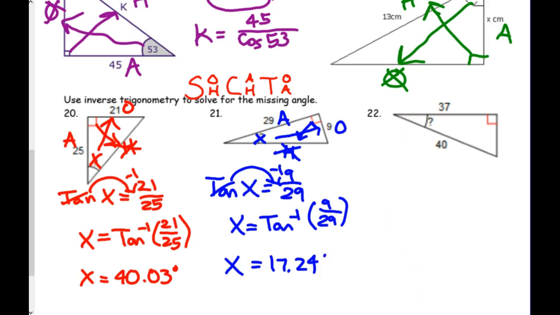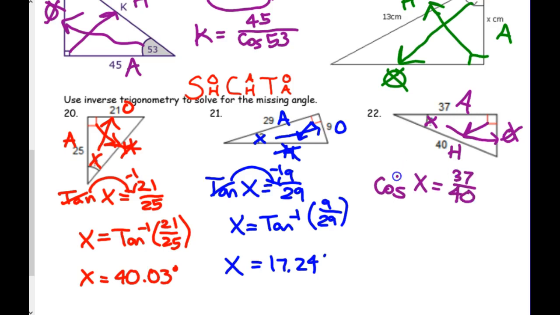And then last but not least on this section, missing angle is X. We label O, H, and A. I don't need O, so this is AH. This is cosine X equals A over H. Cosine can travel if it's inverse.